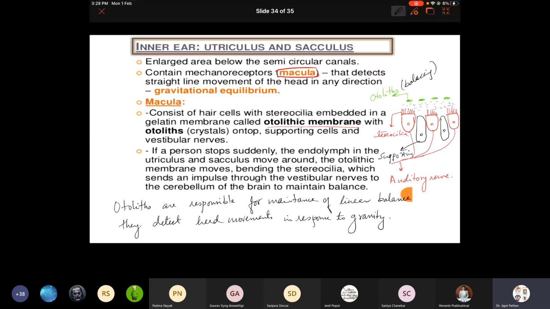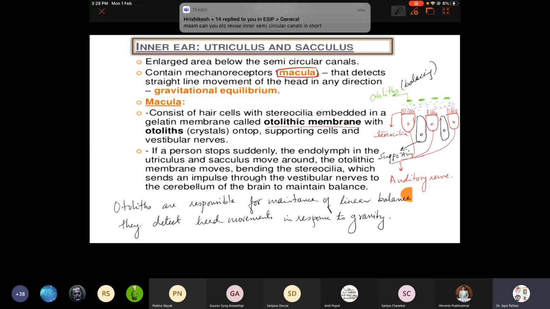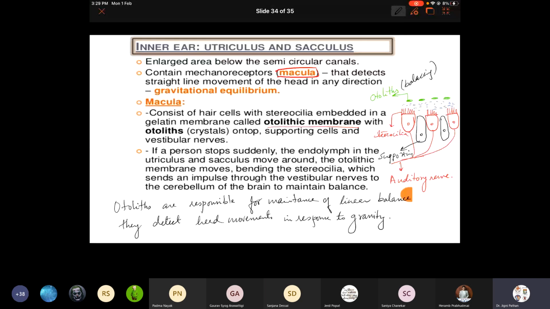So can we wind up today's class? In the next class, we'll be discussing the semicircular canal, which we have not discussed today. There are three semicircular canals that are also concerned with balancing. We just mentioned them. The detailed study of the three semicircular canals will be done in the next class.